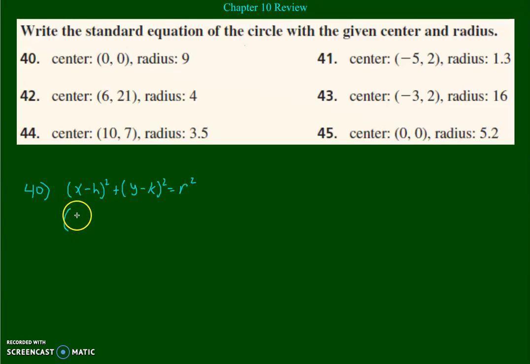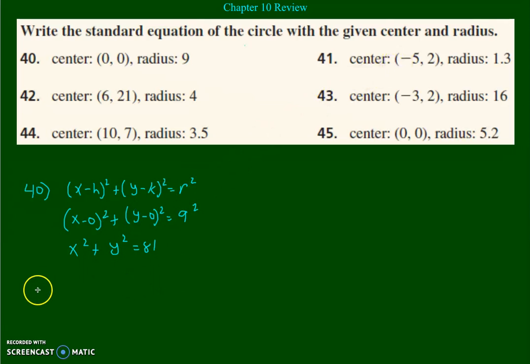So it's x minus 0 squared plus y minus 0 squared equals 9 squared. This works out to x squared plus y squared equals 81.